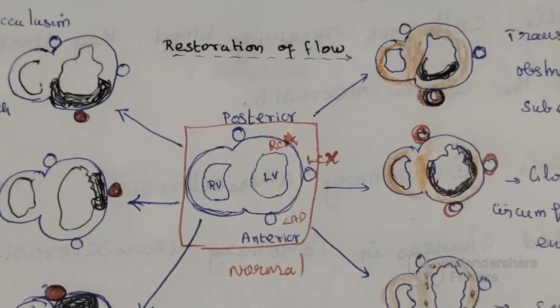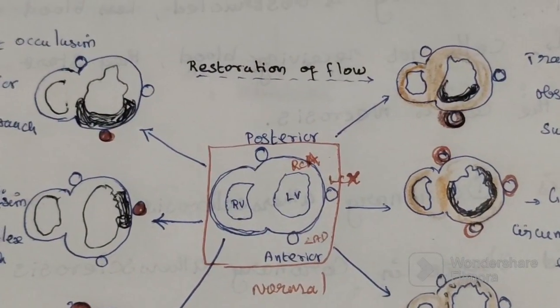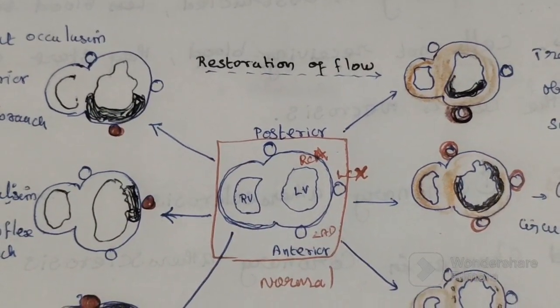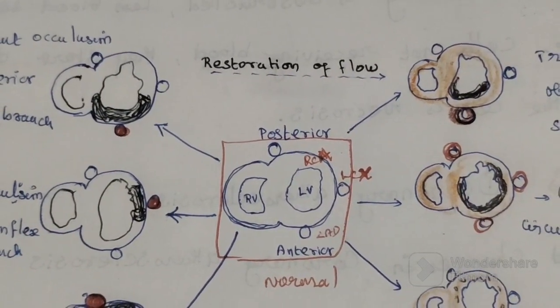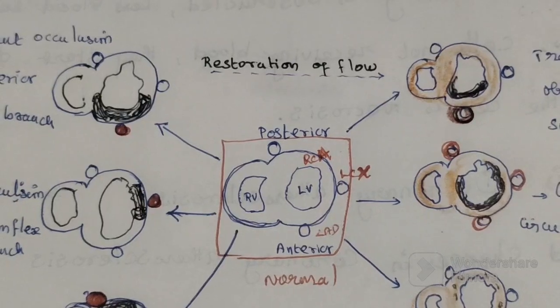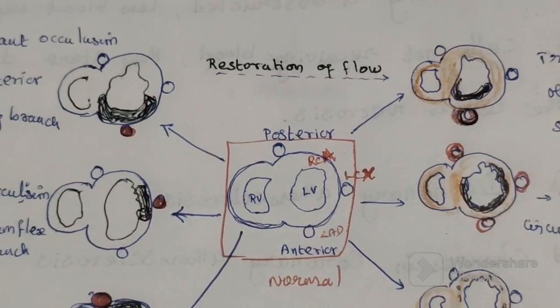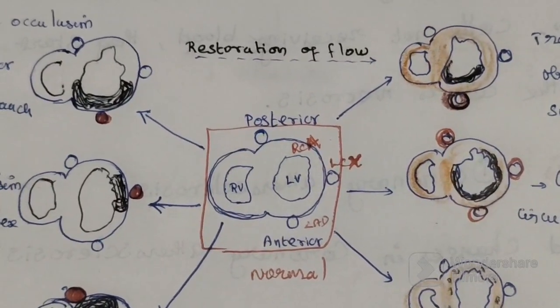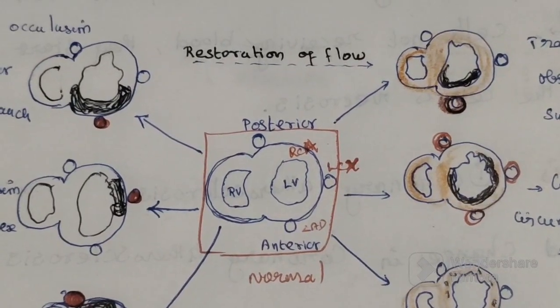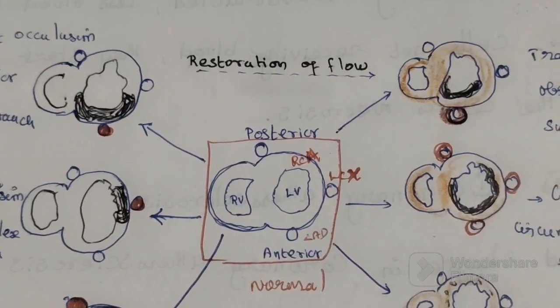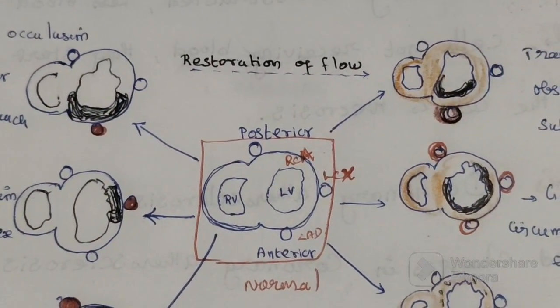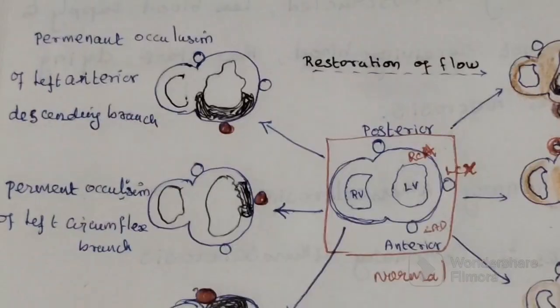What is the location of the infarct? It depends on the type of coronary. We know three coronaries: LAD supplies the anterior wall, LCX supplies the lateral wall, and RCA supplies the posterior wall. The center diagram is normal.